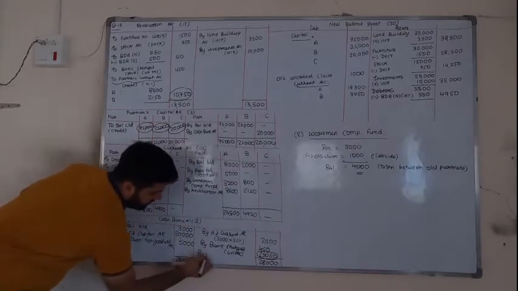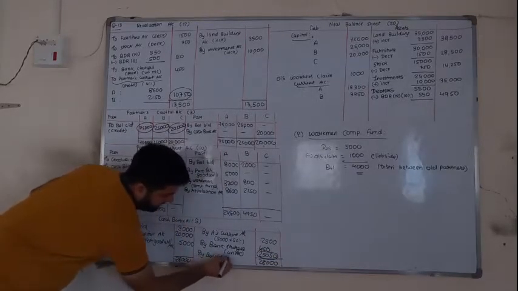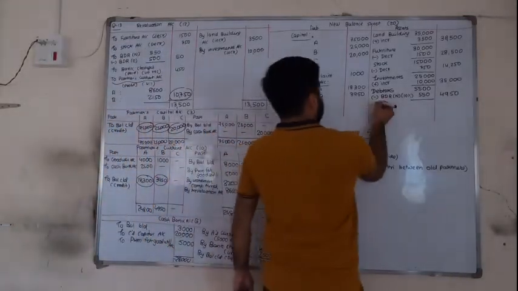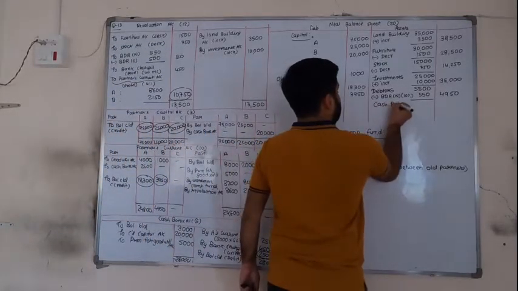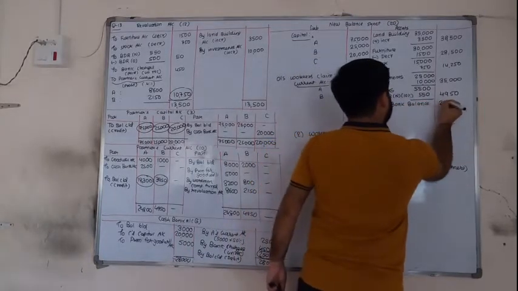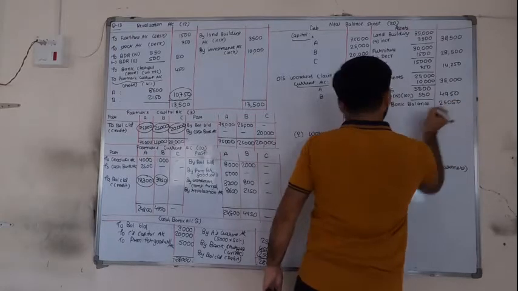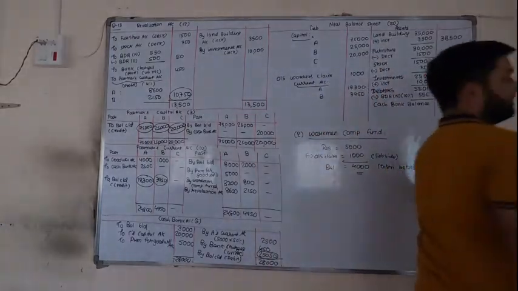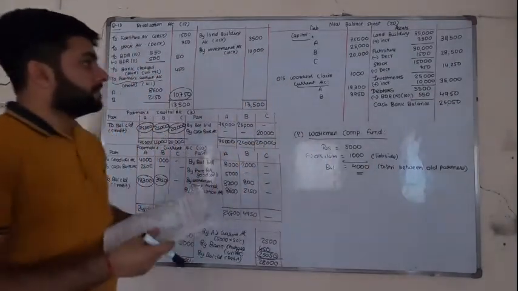By balance carried down, debit balance. Debit balance on the asset side, cash bank balance. How much? 25,050. Next, now we have to see on asset and liability which things are remaining.